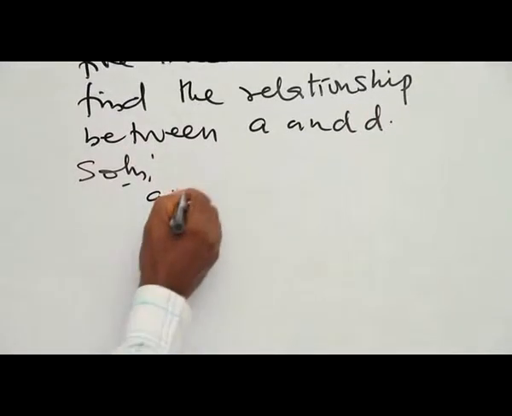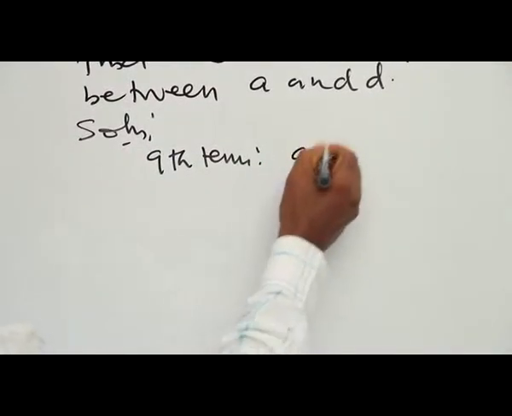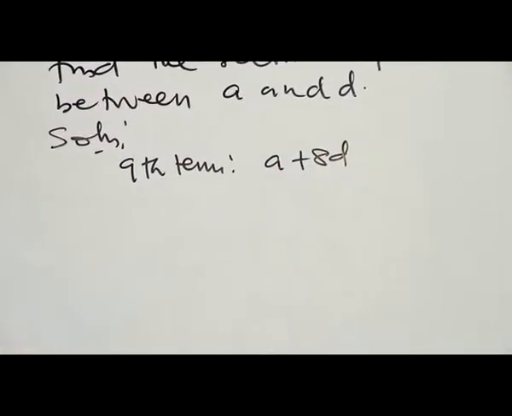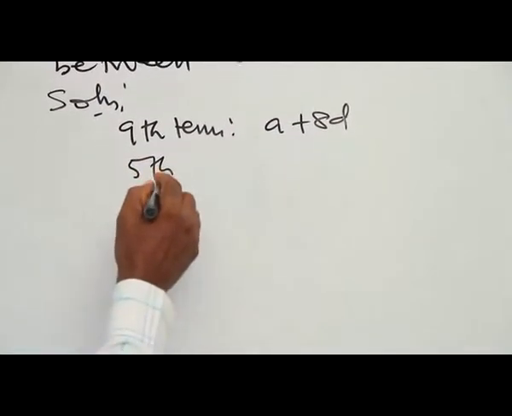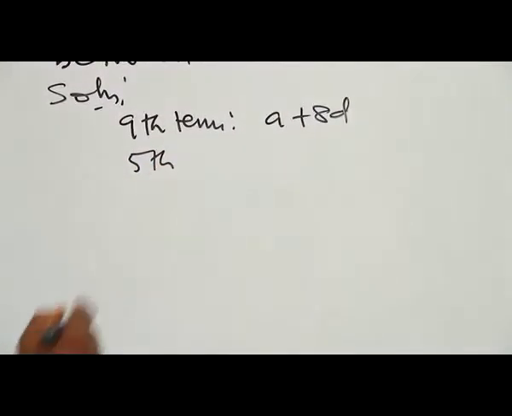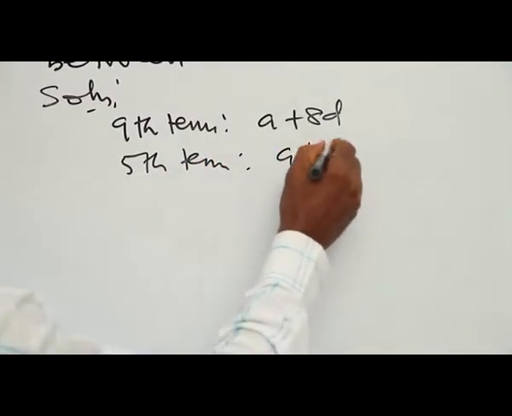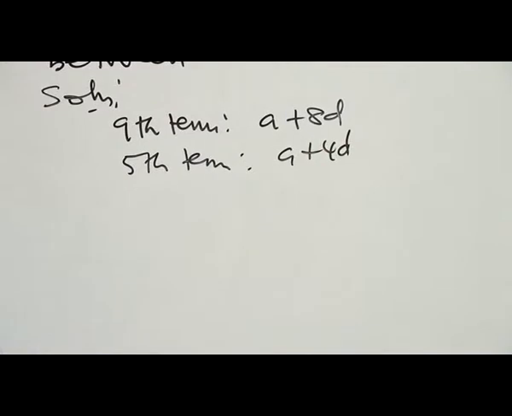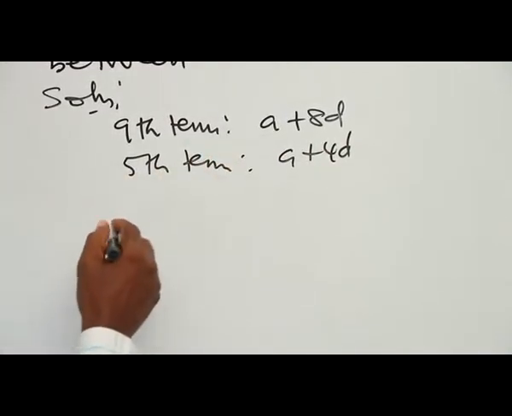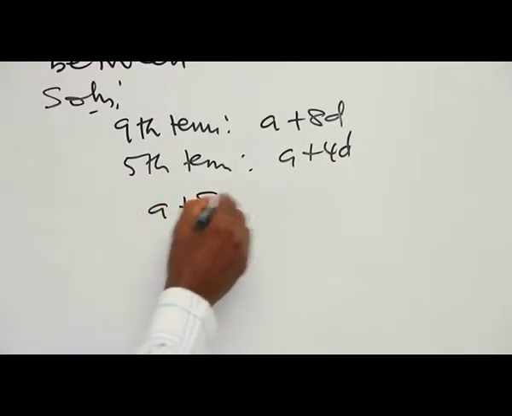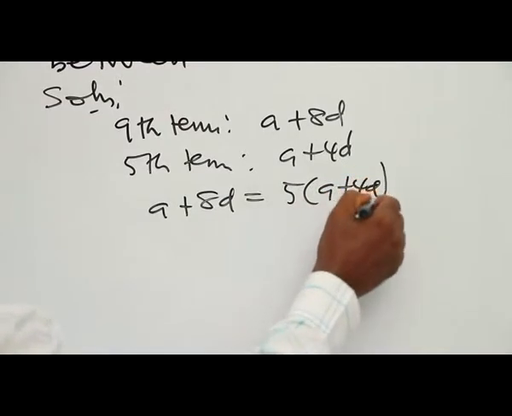The ninth term of an AP is A plus 8D, and the fifth term is A plus 4D. We are told that the ninth term is 5 times the fifth term. So A plus 8D is equal to 5 times (A plus 4D).